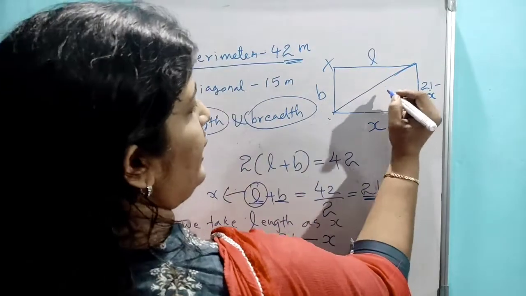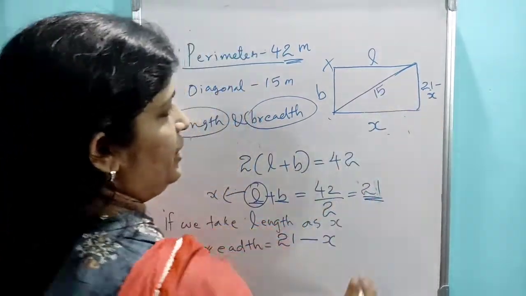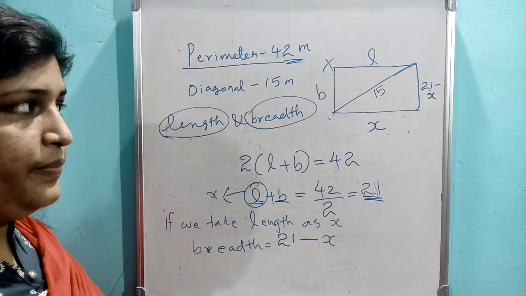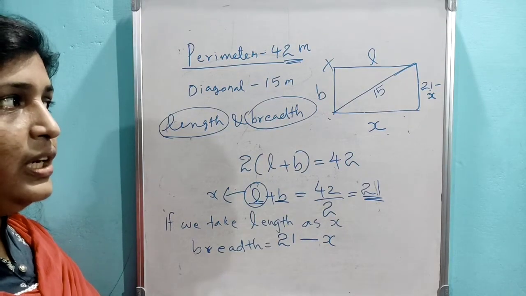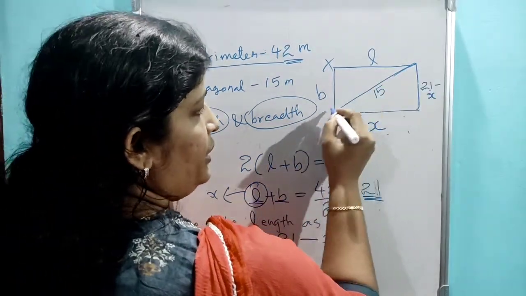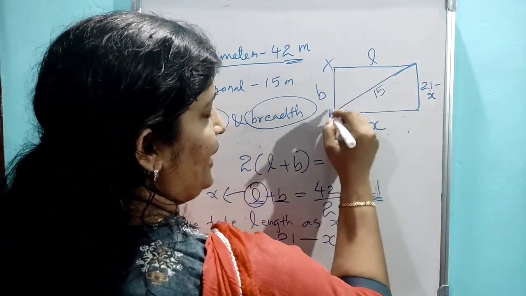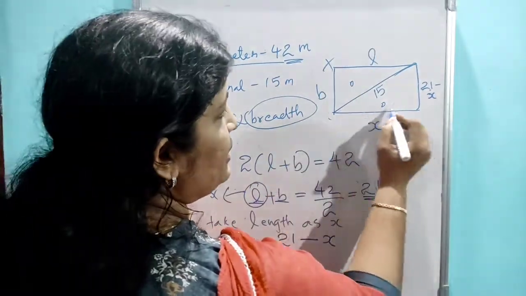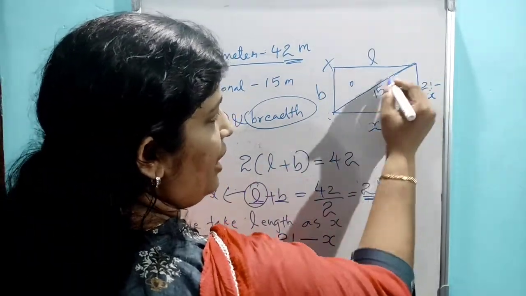And here we have the diagonal. The length of the diagonal is equal to 15, and we have only this much information. Then how do we find the length and breadth? By drawing this diagonal, the rectangle is divided into two triangles, and this triangle is a right triangle.